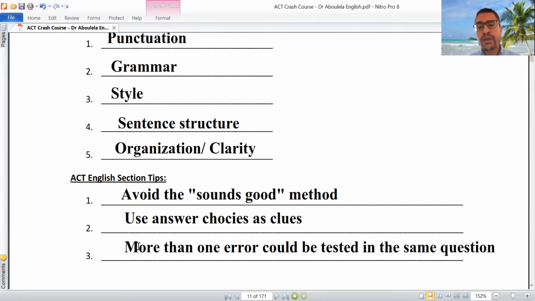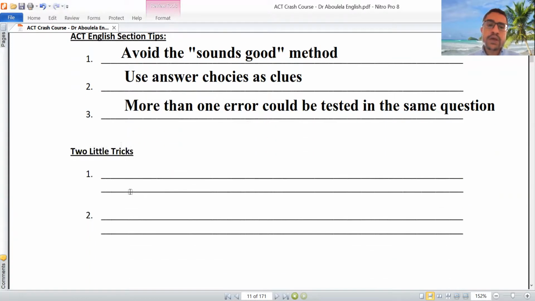If it's third person singular, you need to add s to the verb. So two little tricks I want to begin with here that we're going to use throughout this crash course. The first trick is the choice no change.